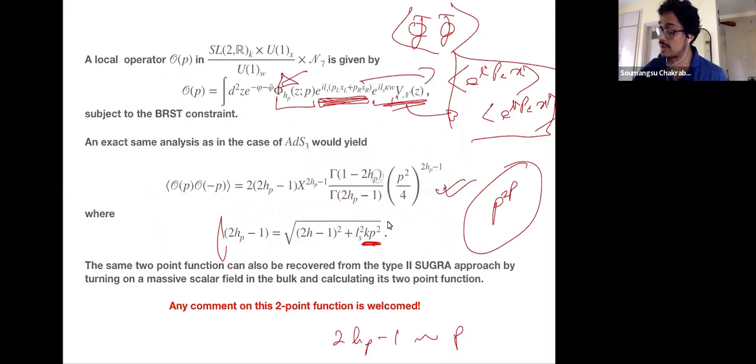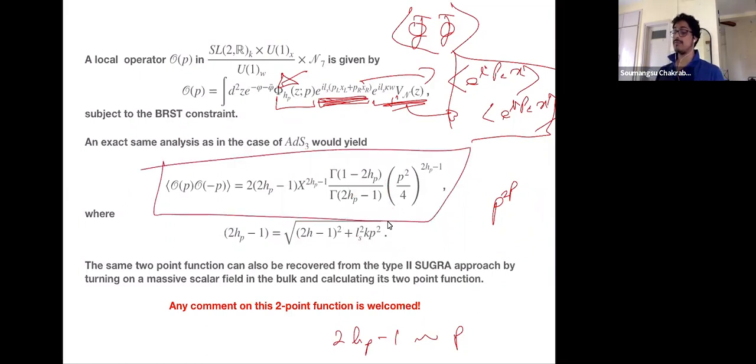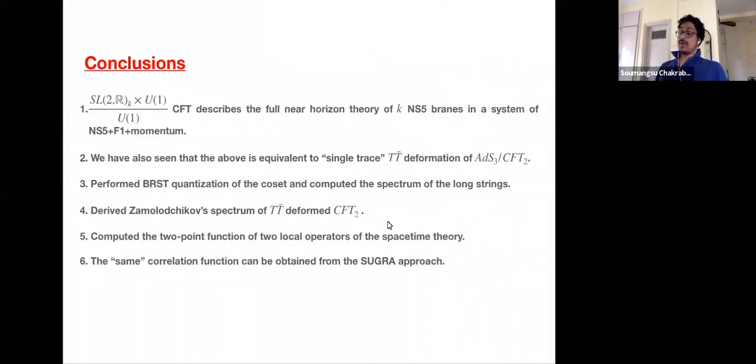It's a messy calculation, but it's not that complicated. We know exactly how to do it in AdS. You repeat the same thing, you will arrive at this same thing from the supergravity approach. And so this is another evidence that maybe these backgrounds are indeed the same. So this brings me to the end of my talk.